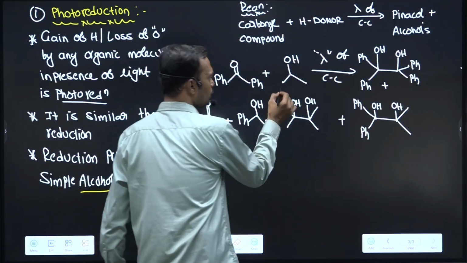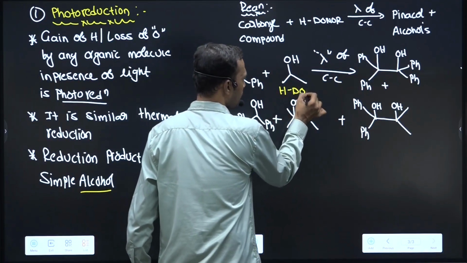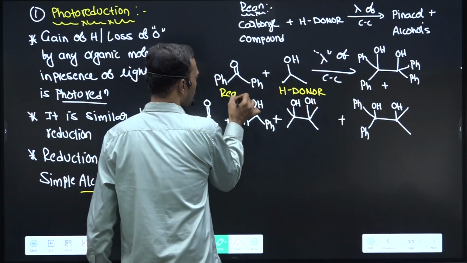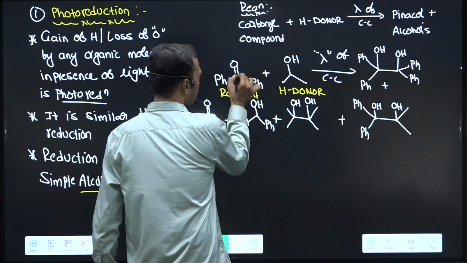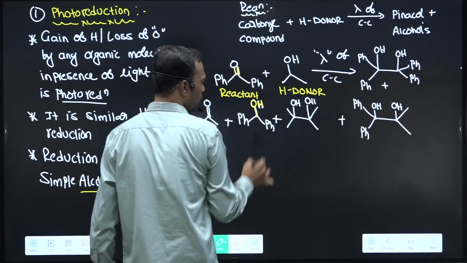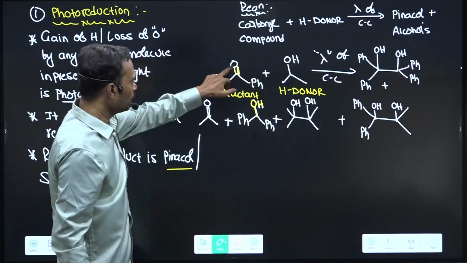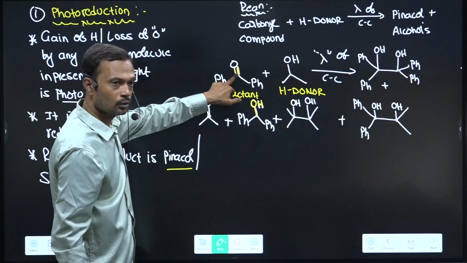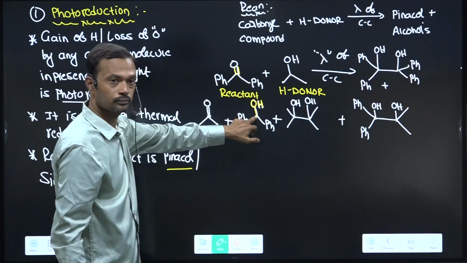Now what is this? This is a hydrogen donor. Now our reactant is what? Who is our reactant? Reactant is carbonyl compound. Carbonyl compound double bond converted to single bond. Now is it gain of hydrogen or not? Here any hydrogen? No. Is there any hydrogen on this carbon? No. Now here hydrogen, hydrogen.